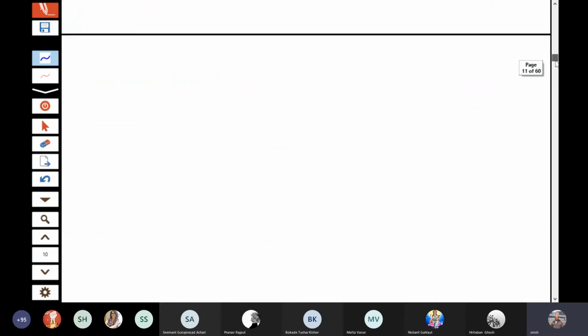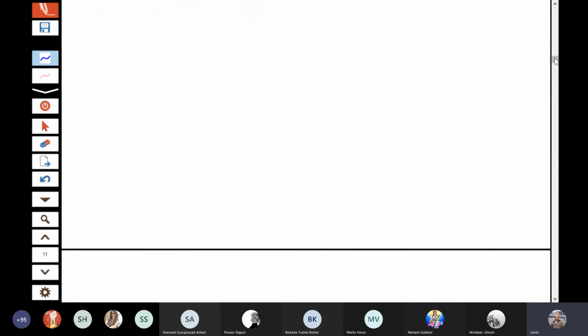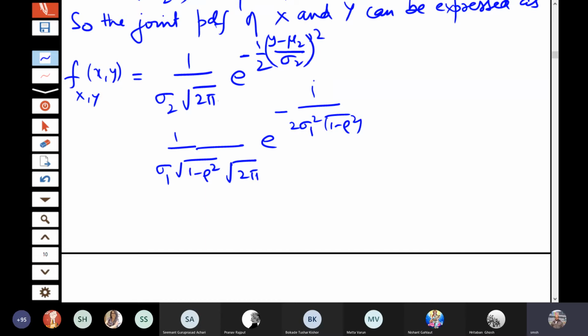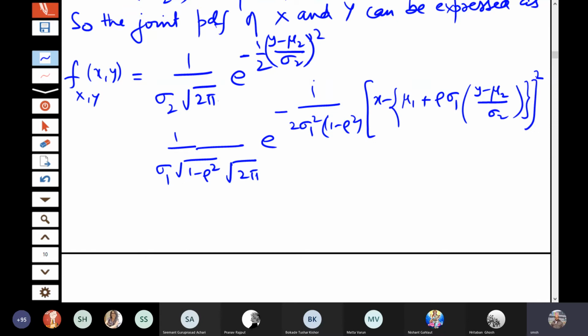So that I will write here as multiplied by 1 by sigma 1 root 1 minus rho square root 2 pi e to the power minus 1 by 2 sigma 1 square 1 minus rho square, x minus mu 1 plus rho sigma 1 y minus mu 2 by sigma 2 whole square.